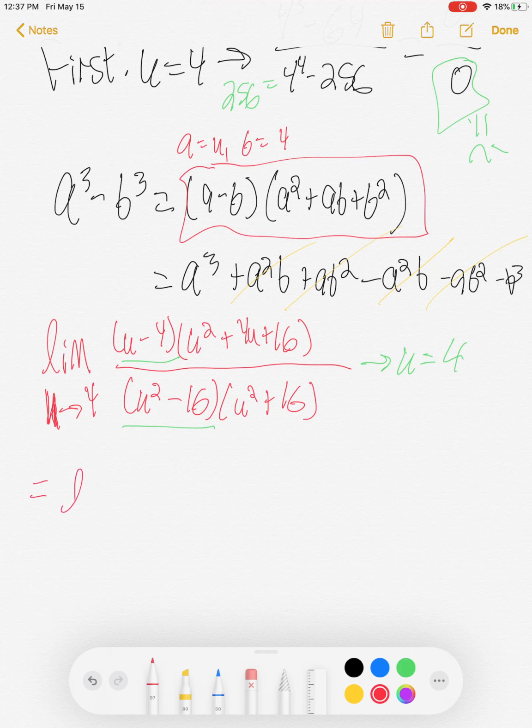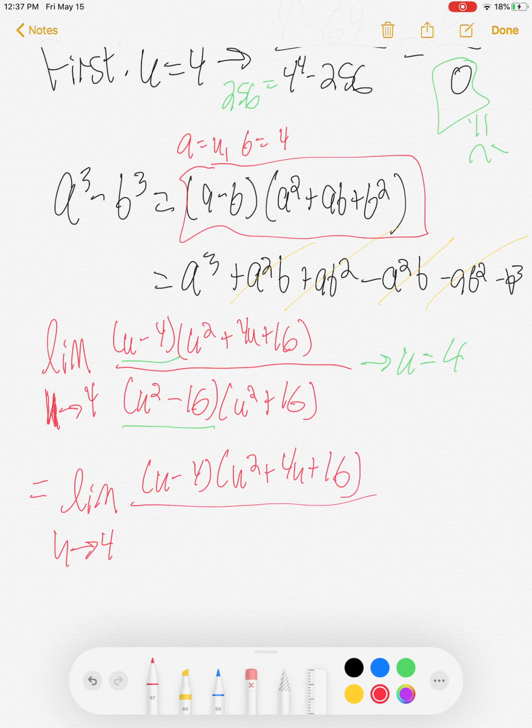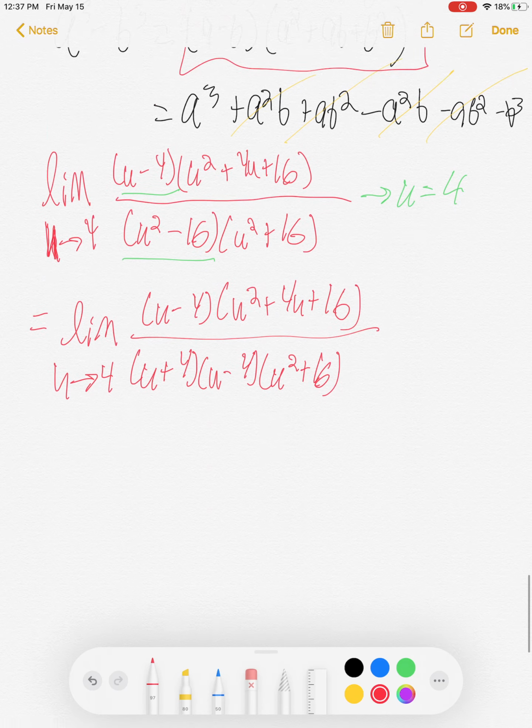However, I'm not done factoring, because now I have another difference of squares in u squared minus 16. So my numerator I'm going to leave alone, and I'm going to break up u squared minus 16 as u plus 4, u minus 4. I'm going to leave my u squared plus 16 alone.